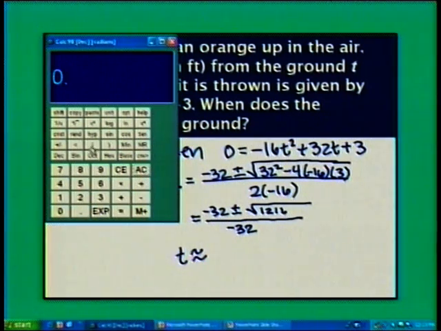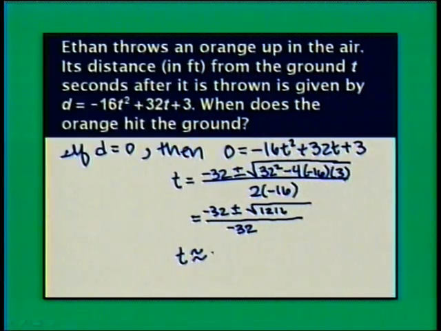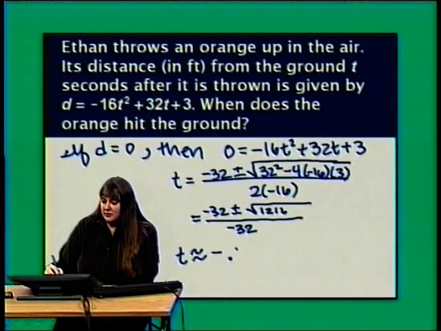Starting with, in parentheses, negative 32 plus the square root of 1216 divided by negative 32, I get this funny number. I need to remember this is scientific notation. This means about negative 0.0897.